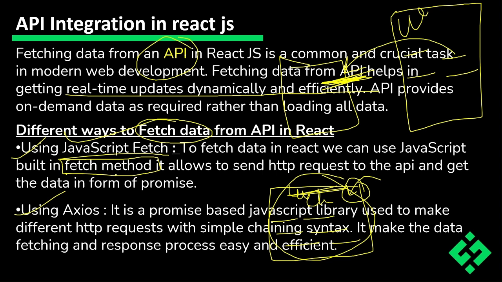If not, we will get to know about it. We send an HTTP request, and from there we get the data in the form of a promise, and as it is an async function, we get the data with time.